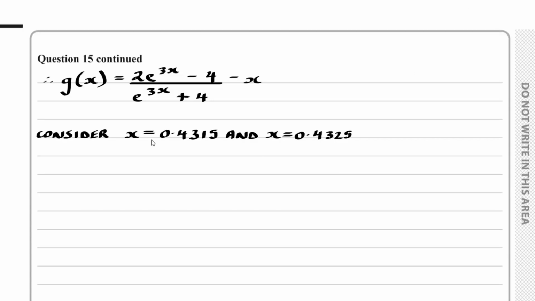So we're going to be considering values between 0.4315 and 0.4325. The reason is we want to show that alpha is equal to 0.432. So I'm considering the lower bound and the upper bound. So let's begin by working out g of 0.4315.